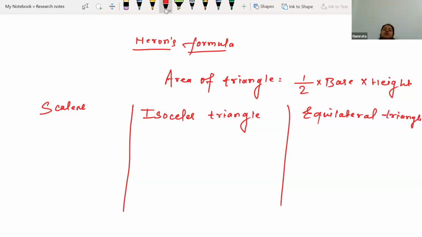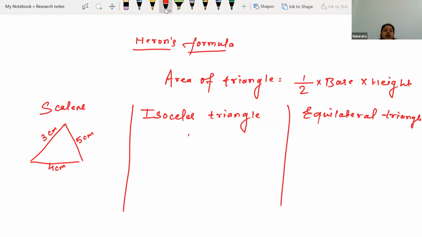Now, for an example of a scalene triangle, I can take one triangle like this, where one side is 3 centimeter, another side is 4 centimeter, and the third side is 5 centimeter. As you know, a scalene triangle means a triangle where all sides are of different length.